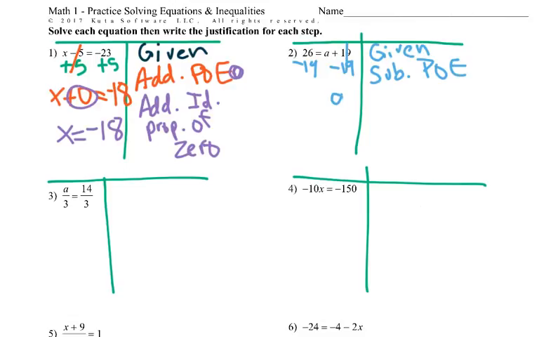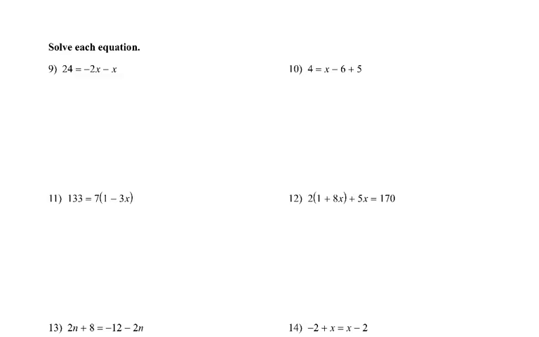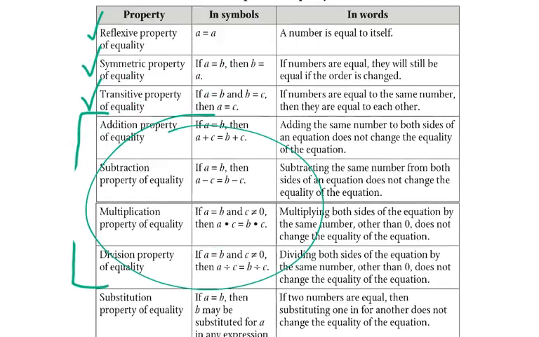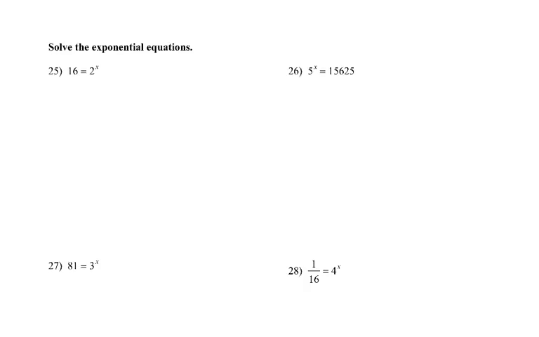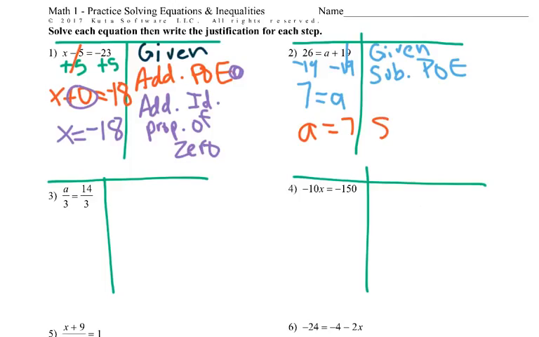That becomes 0, but I just leave it off. So a equals 26 minus 19, which is 7. Now, some may say, well, then you make it a equals 7 using that symmetric property of equality. You can write that, but I really don't care. To me, that's the same answer.